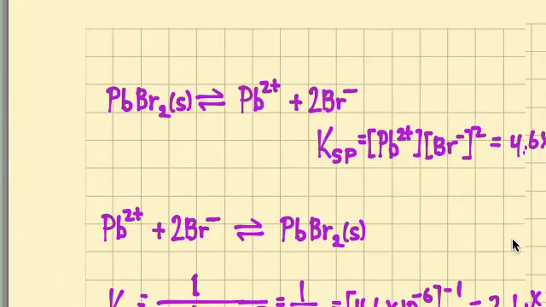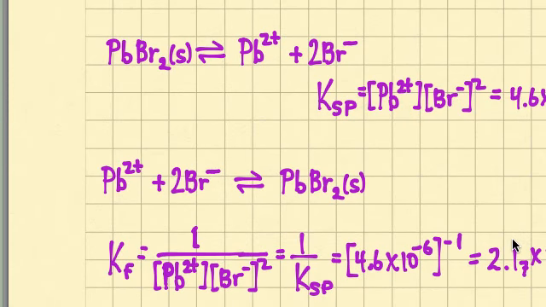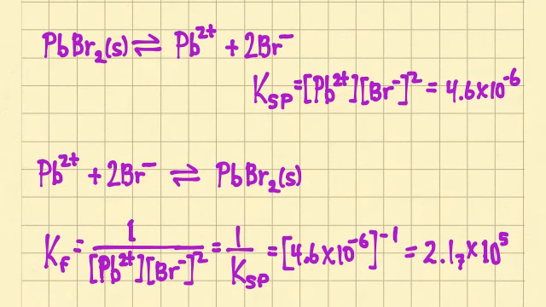Another specific example, lead bromide. Lead bromide aqueous, lead bromide solid. A little bit of it gets in the water, 10 to the negative 6-ish. So if I turn this equation around and ask what's the formation constant for lead bromide forming from lead ion and bromide ion, the answer is the reciprocal of that number.